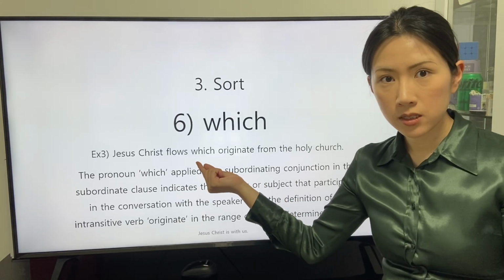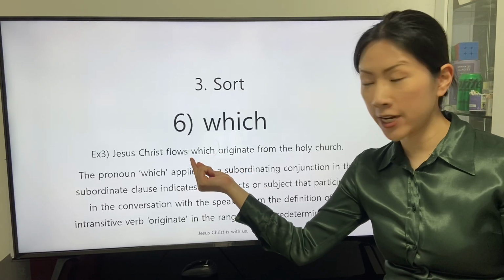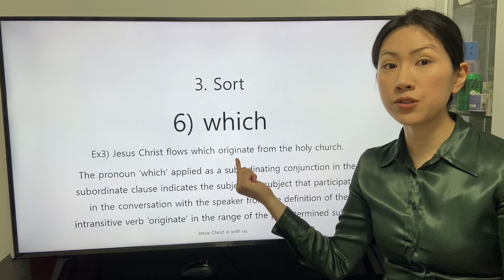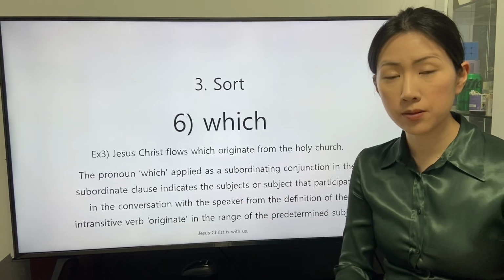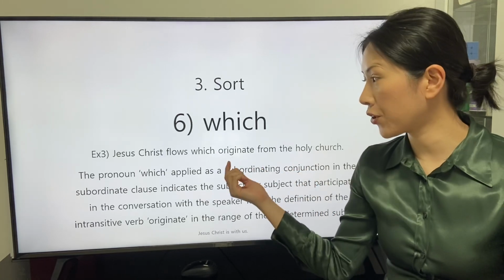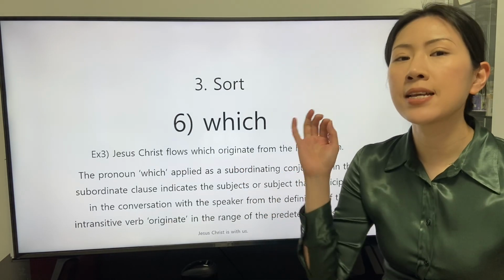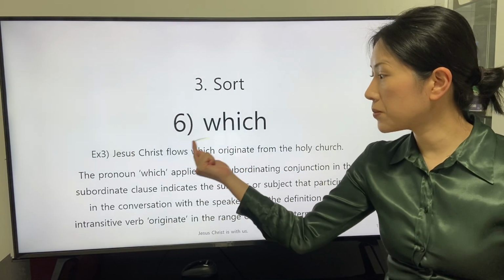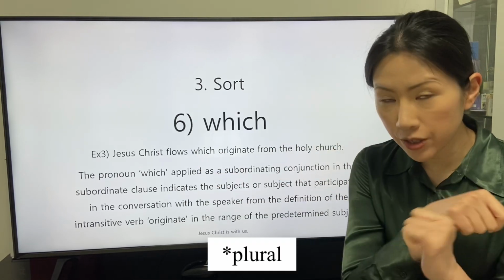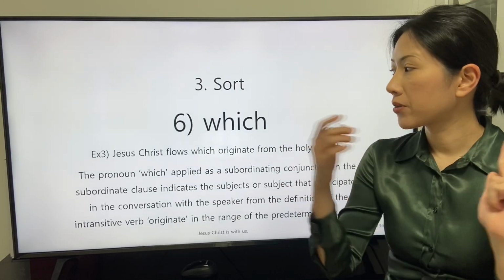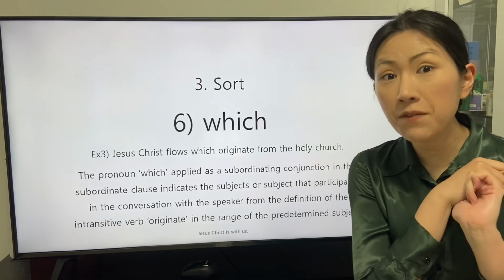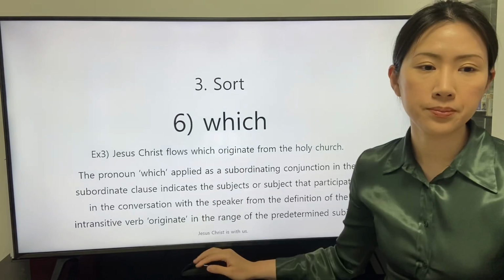The subject indicated by the subordinating conjunction which is described by the intransitive verb originate. The original form of the intransitive verb originate reveals that the described subject participates in the conversation with the speaker.